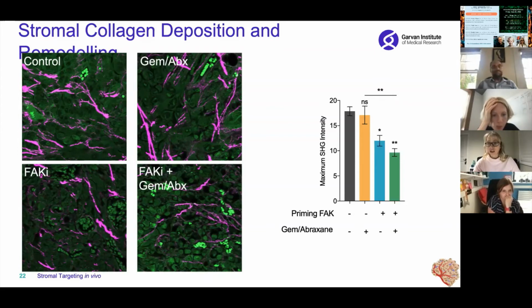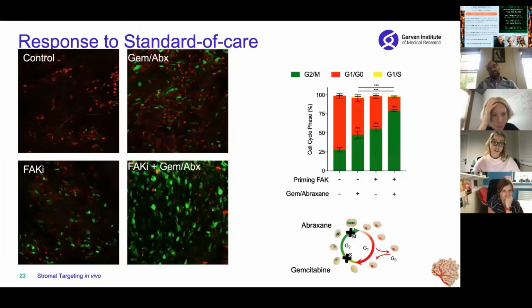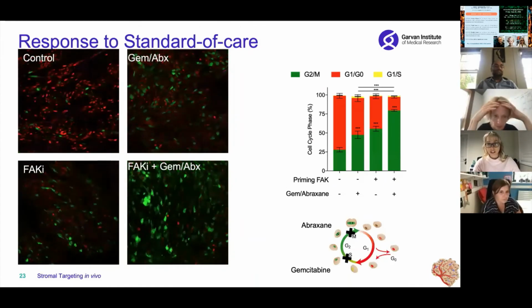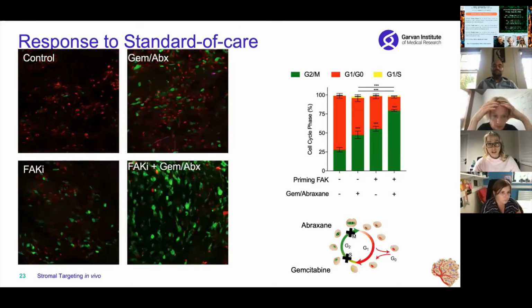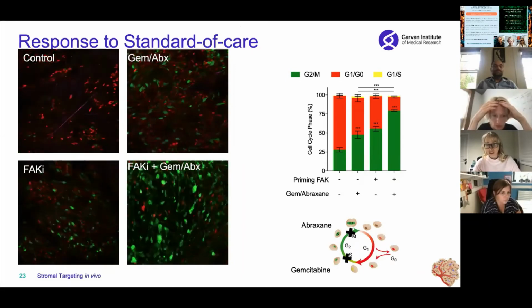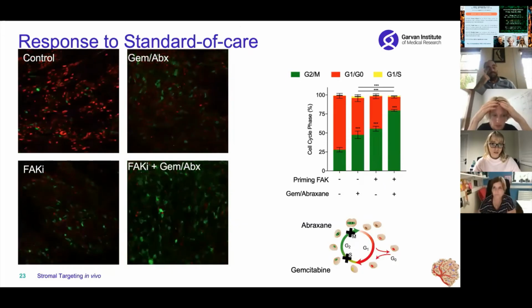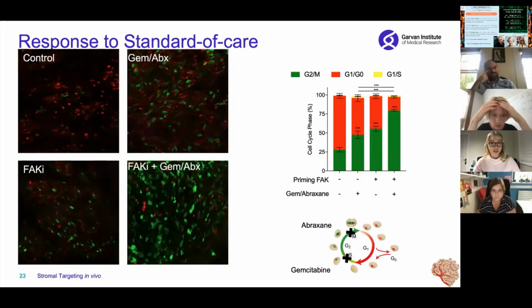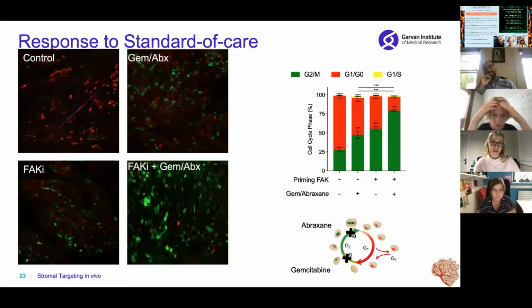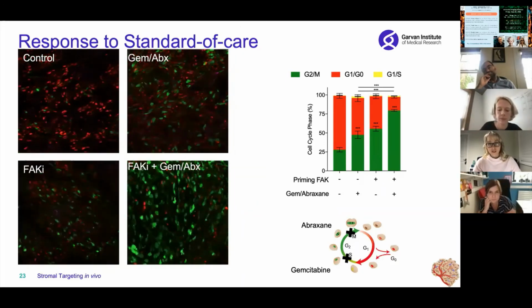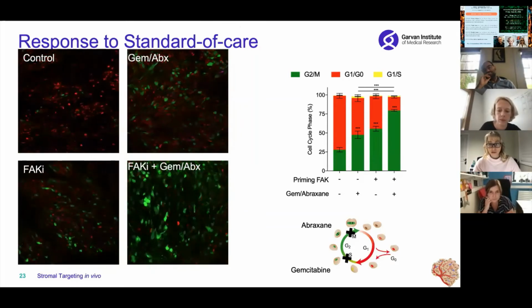If we then switch and look at the Fucci cell cycle reporter within these cells, in our control cells, they're red and quite actively dividing. Chemotherapy is effectively stalling the cells in G2M. And what was really interesting is that with our FAK priming regimes alone, we saw a switch of KPC cells from the red to the green, with the cells stalling upon treatment with FAK inhibitors alone.